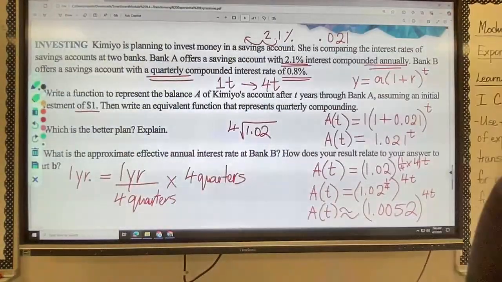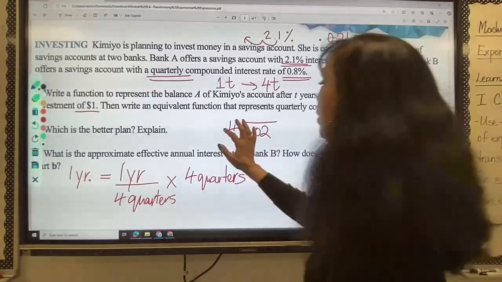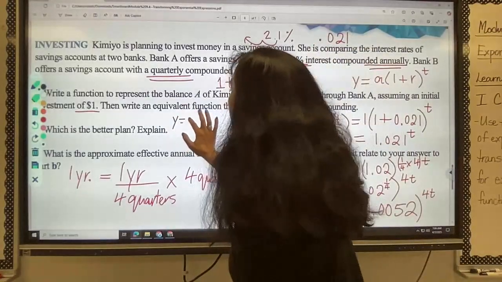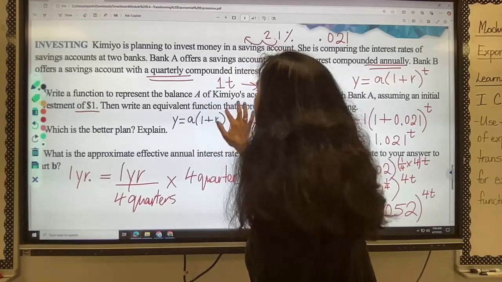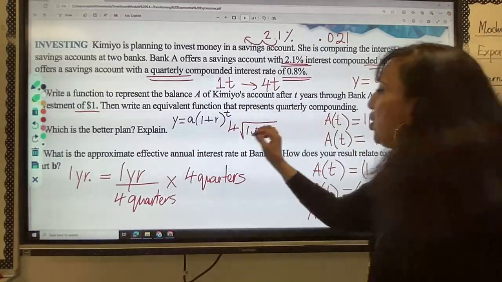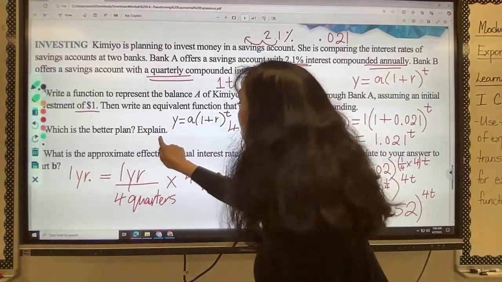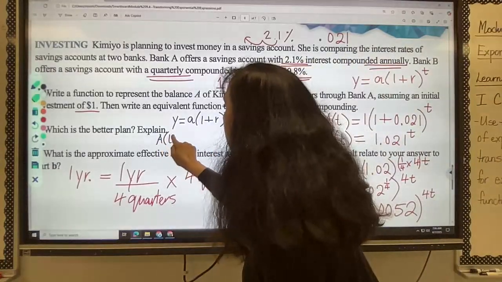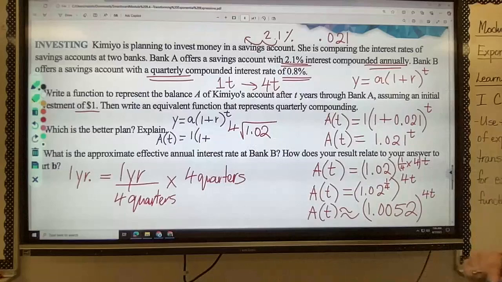I'm going to write the same exponential growth: y is equal to a times 1 plus r raised to the t power. My initial investment is going to be 1, so A of t is equal to 1 times 1 plus, what is my rate?